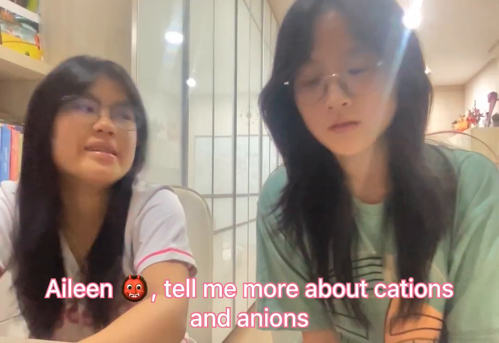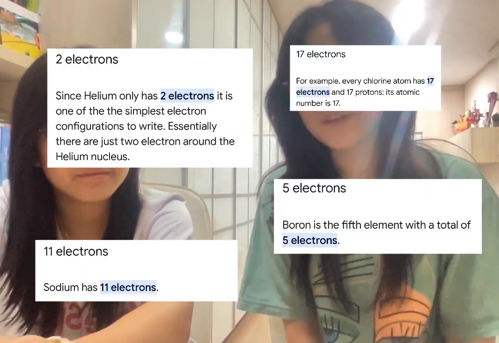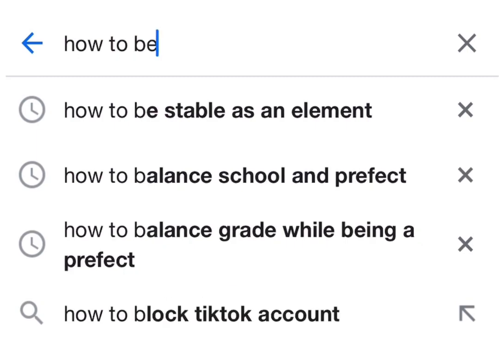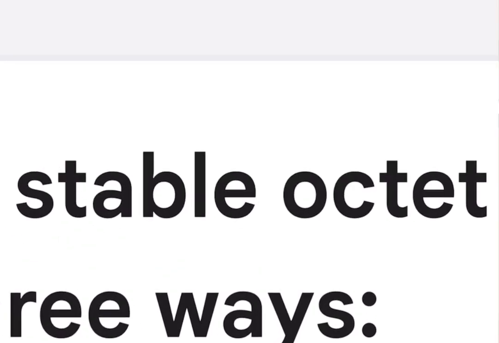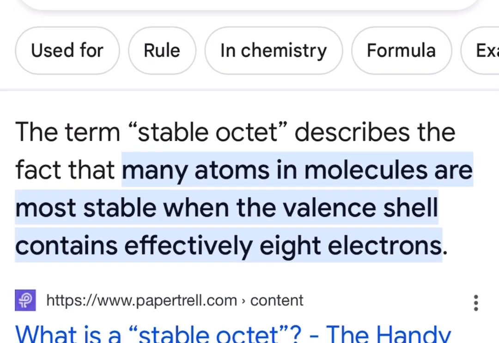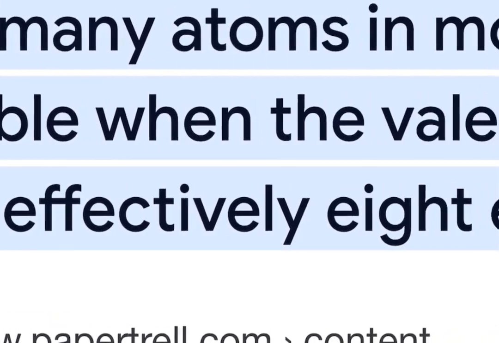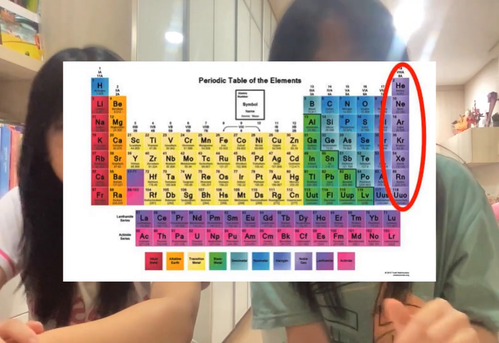Aileen, tell me more about cations and anions. What are they? So you guys know that each element has its own amount of valence electrons, right? And obviously most of them aren't stable, because in order to reach a stabilized state, an element has to have 8 valence electrons, and only some elements have 8 valence electrons or 2 valence electrons.